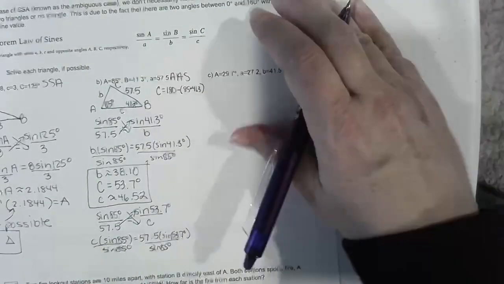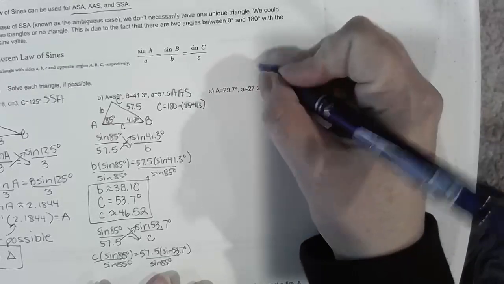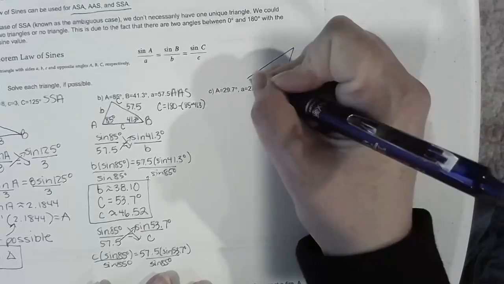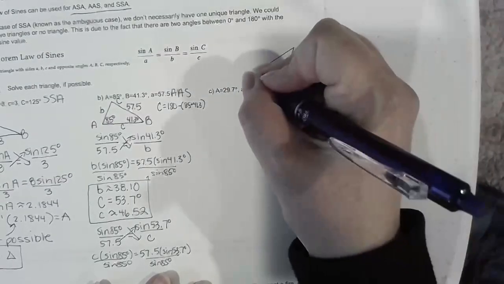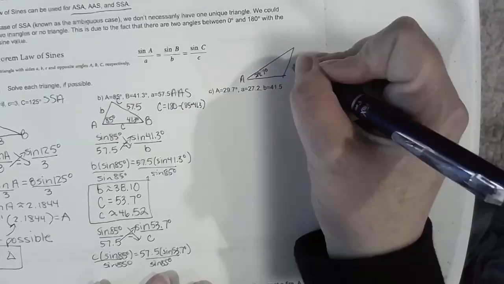Okay, last one for this example. So I've got angle A, side B. So when I draw this guy, let's see, angle A is pretty small, and side B is a lot longer than side A. So let's maybe draw a little like this. Here's A. We're going to make this 29.7 degrees.